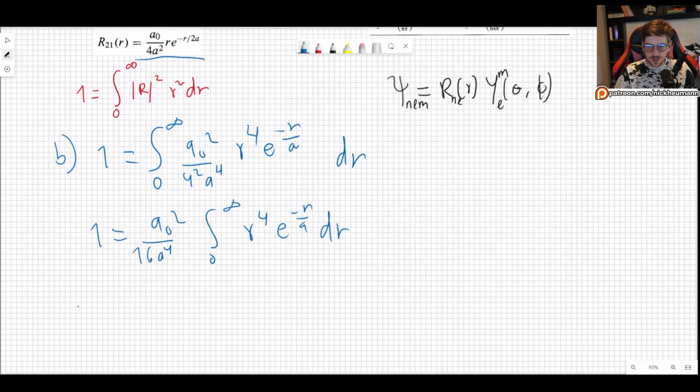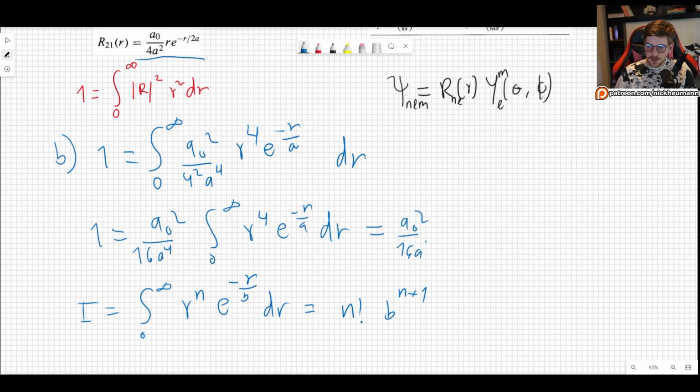Again, the result for integrals like this, when you have an integral from 0 to infinity of r to the n, e to the minus r over b dr, is simply n factorial b to the n plus 1. So in this case, let's put just the constants here. And then we have n equals 4, so we get times 4 factorial times b to the n plus 1, but b here is simply a. So we get a, and n is 4, so a to the 5th.